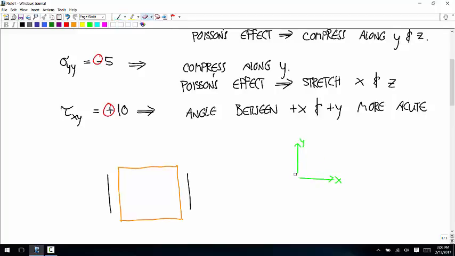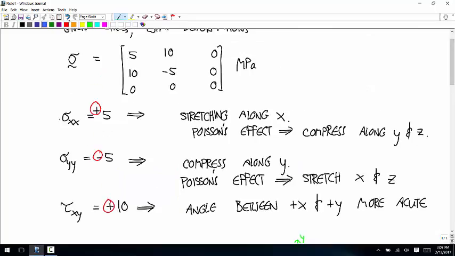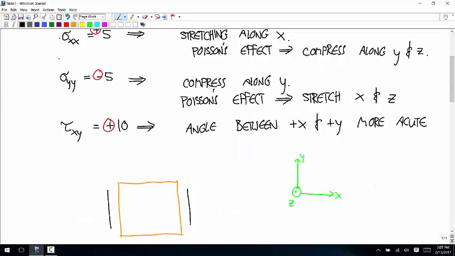Who's with me? And now let's think about y. The y-axis, due to the xx stress, is going to compress. Due to the yy stress, it's also going to compress. So the length along the y-axis is going to get smaller.